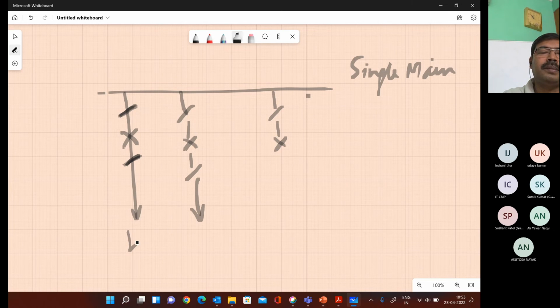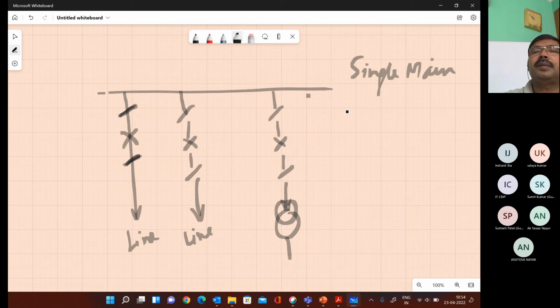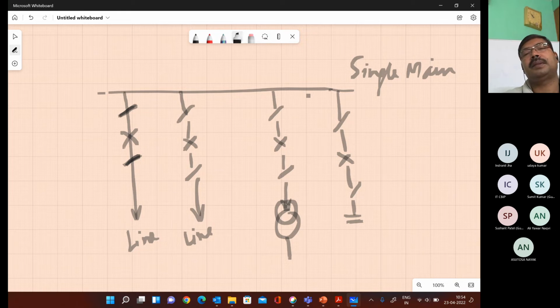This may be a line. This may be a transformer. This may be a capacitor bank or maybe a reactor. Okay, so this is a single main bus.